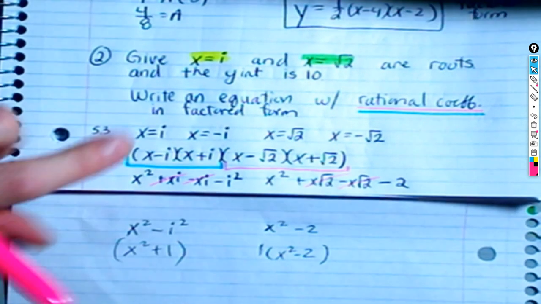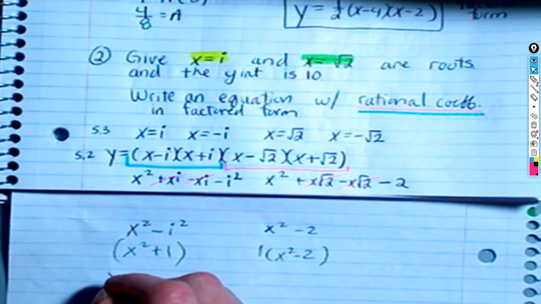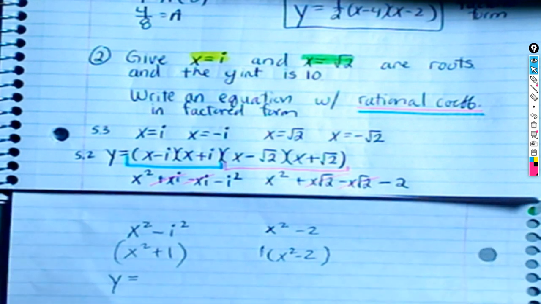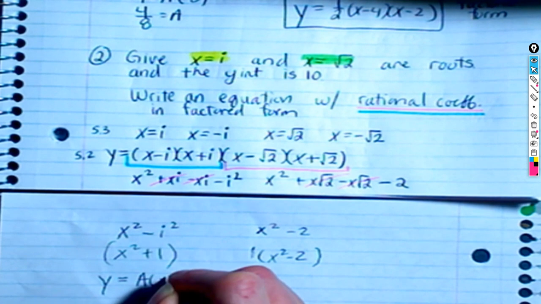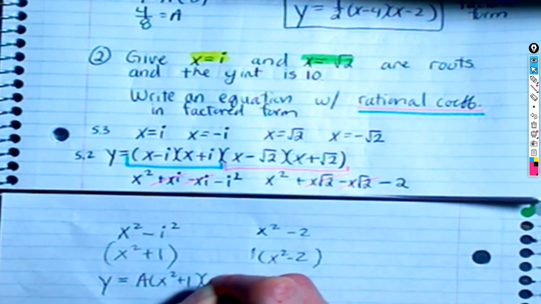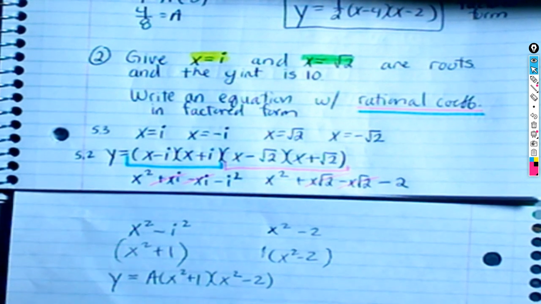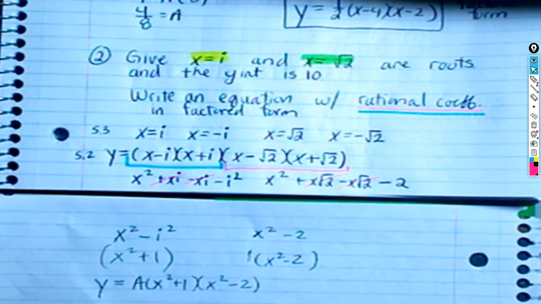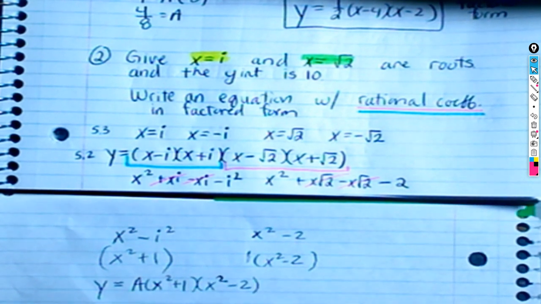All right, now I did forget one thing here. And so I'm going to write this in, y equals a, I forgot my a value. All right, but now I have factors with rational coefficients. They're just not linear factors, but they're still considered factors.